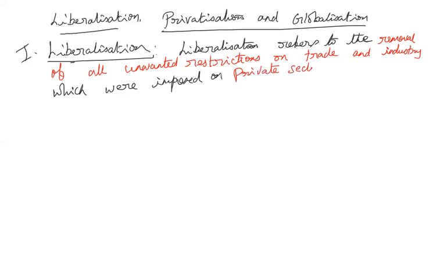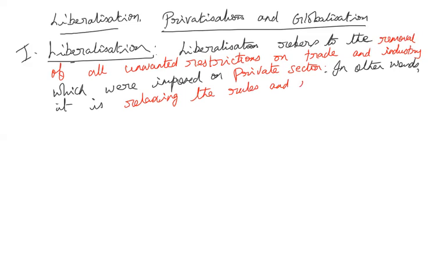So relaxing, or in other words, it is relaxing the rules and regulations on private sector. To put it very simply, relaxing the rules and regulations for the private sector.